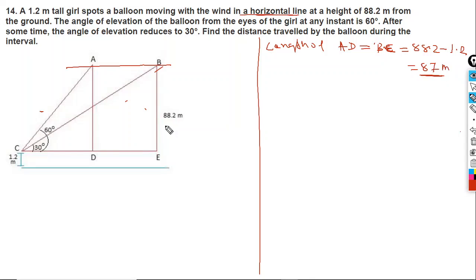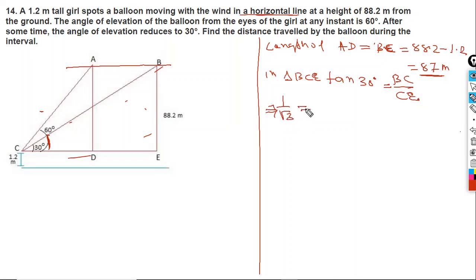Now let's start with triangle BCE. In triangle BCE, tan 30 degree will be equal to BE by CE. Tan 30 value you know is 1 by root 3.